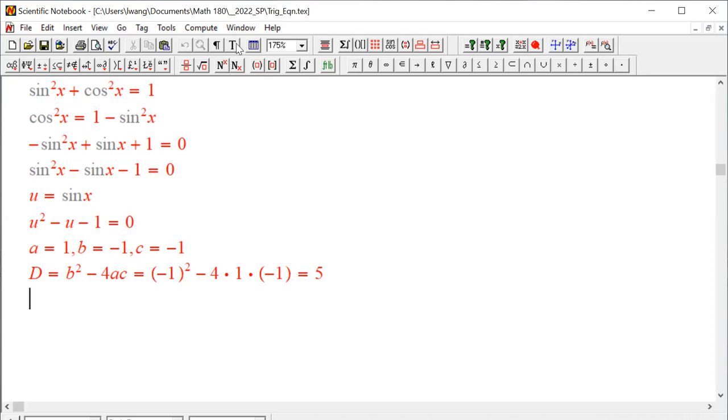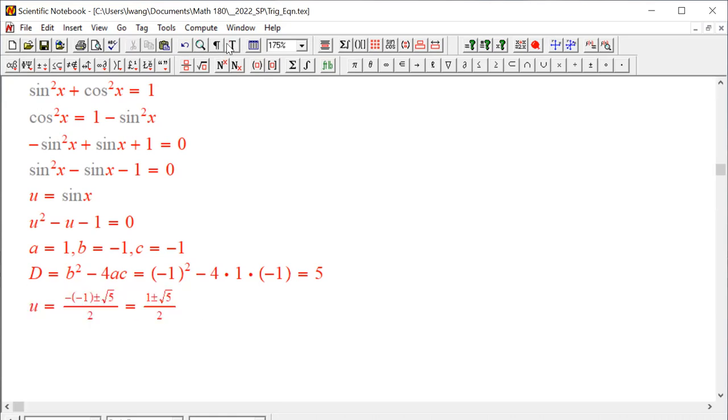Well, let's find u. So u equals -b, so negative of -1, plus or minus the square root of the discriminant. The discriminant is 5, right? The denominator is going to be 2 because a equals 1. Let's simplify. We have +1 here, plus or minus √5, divided by 2.